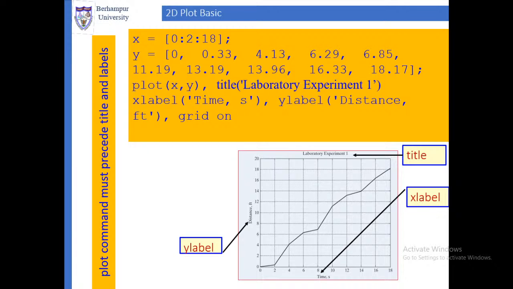So x will be 0, 2, 4, 6 up to 18. And then we say that y values are also given. These are the y values, 0.33, you can take any y value. 0 in increments of 2 up to 18 means you are getting 9 x values. Correspondingly, they will get 9 y values.